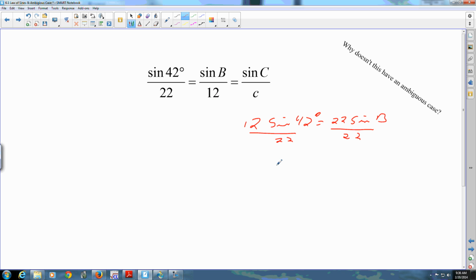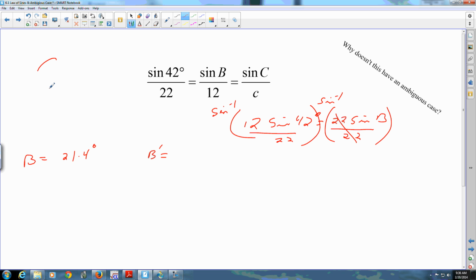Then you're going to take the inverse sine of both sides. So inverse sine of 12 sine 42 divided by 22. I get B is about 21.4 degrees.